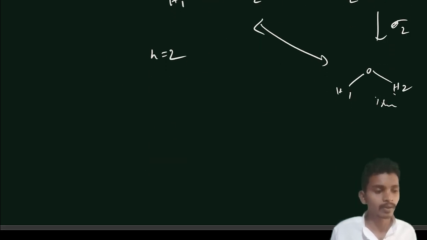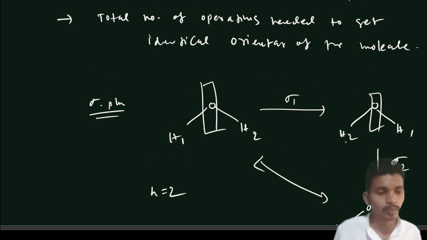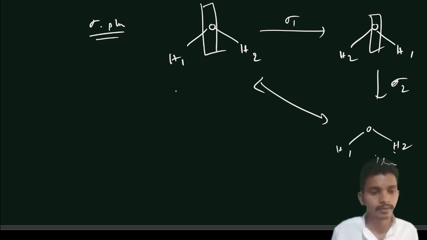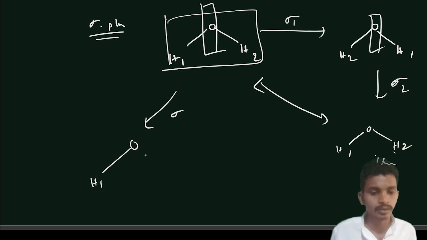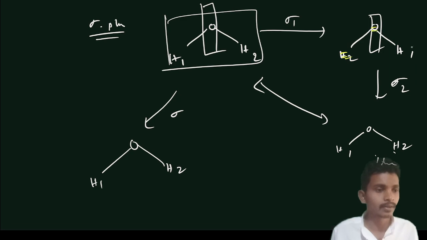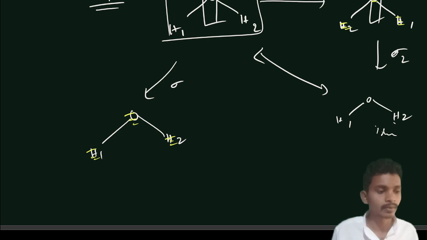So you may think that in this molecule there is another plane also, let's say the plane passing through all the atoms. In that case, what will become of this H1 and H2? They will go to the back side, right? And on the operation again, we get them in front.